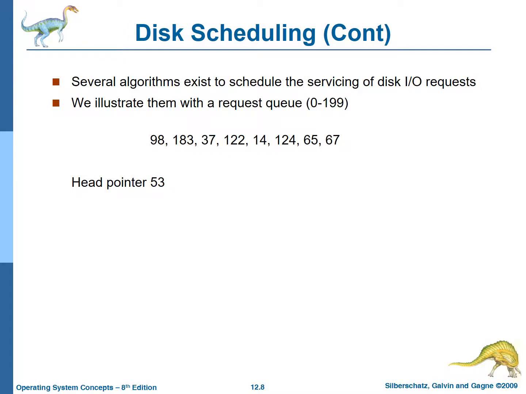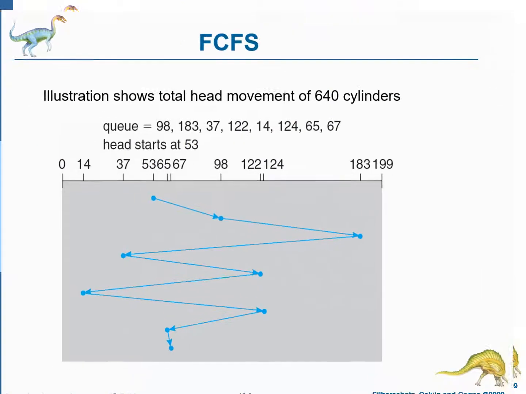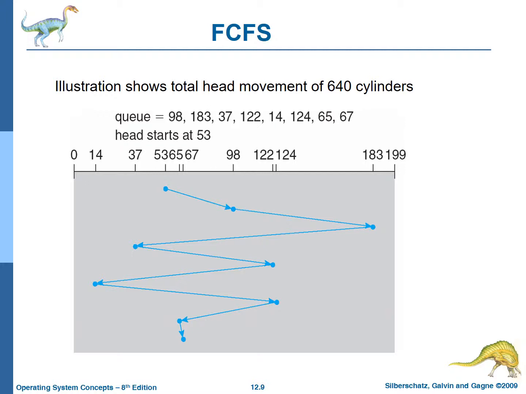Disk scheduling. Several algorithms exist to schedule the servicing of disk input-output requests. We illustrate them with a request queue with cylinders from 0 to 199: 98, 183, 37, 122, 14, 124, 65, 67, and the head pointer at 53.